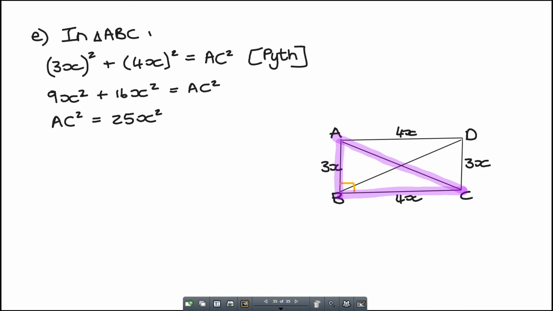But I just want AC, so that will be square root of the 25x squared. Met ander woorde, AC is 5x. This is BD. Ook gelyk aan 5x.